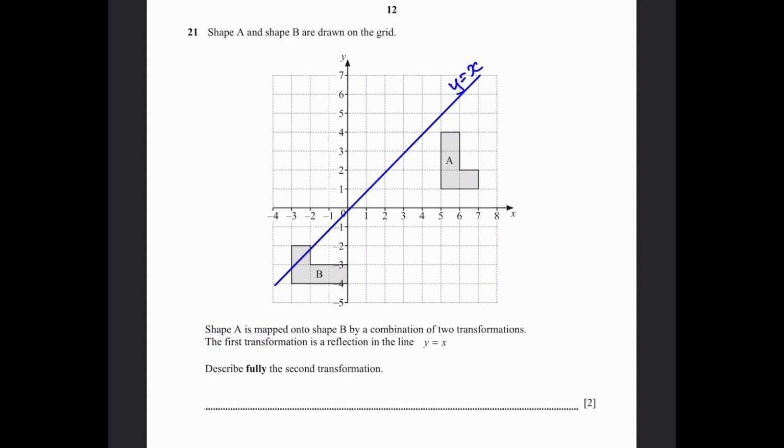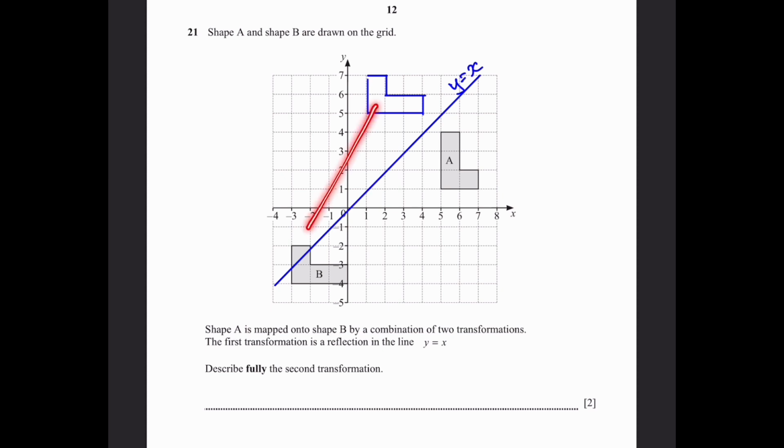So the first one is reflection in the line y equals x. So we need to reflect it, and once we do reflect it, the shape comes like this. So this is the reflection of shape A in the line. Okay, so now we've done the reflection.